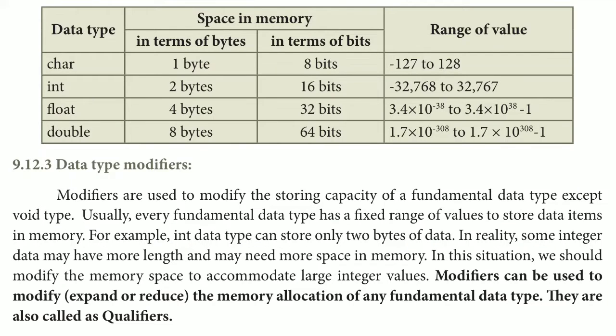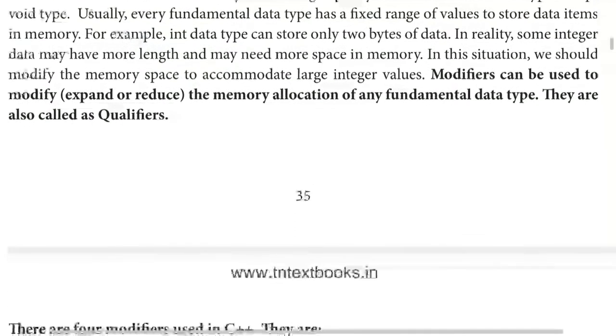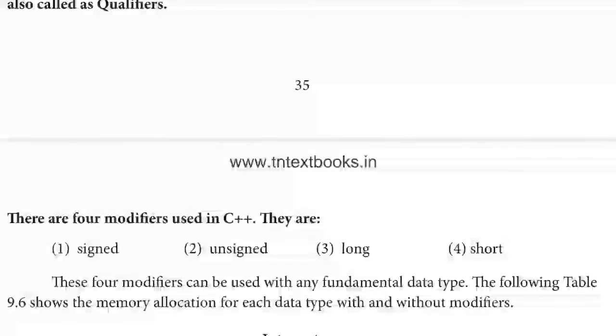These are the four words: signed, unsigned, long, and short. These four keywords can be used before the fundamental data types to modify them.